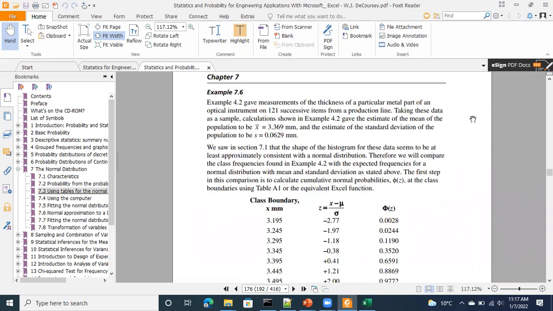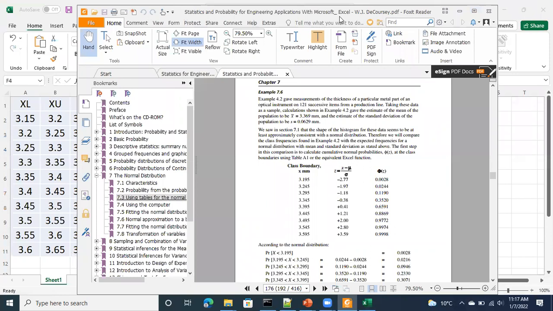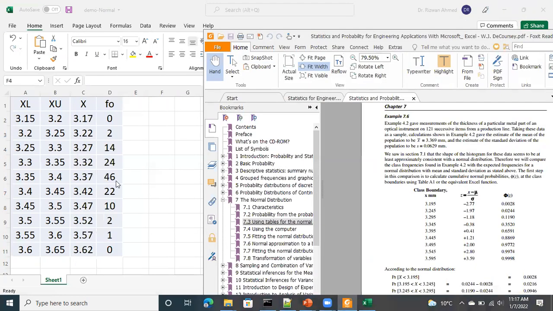So the mean value is 3.369 and the standard deviation is 0.0629, so that we can readily start our calculation.